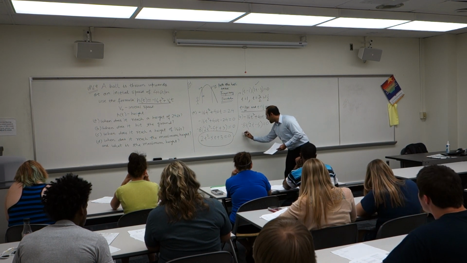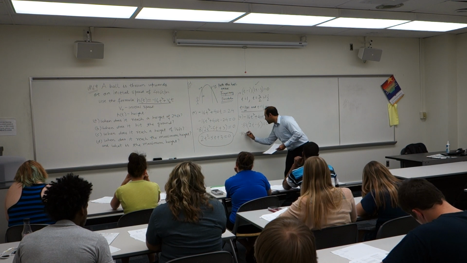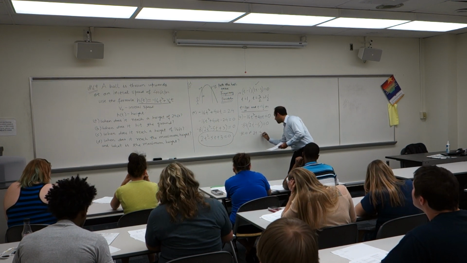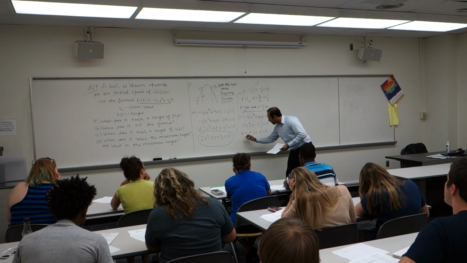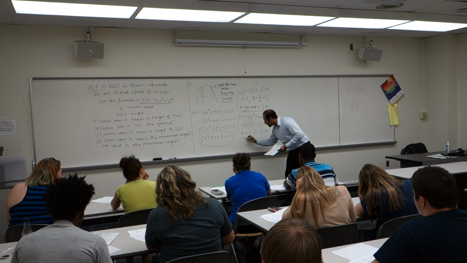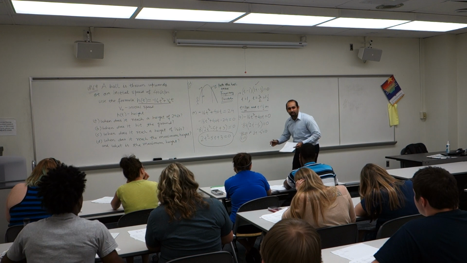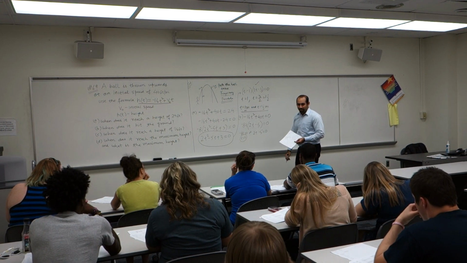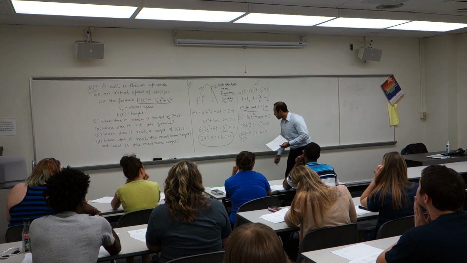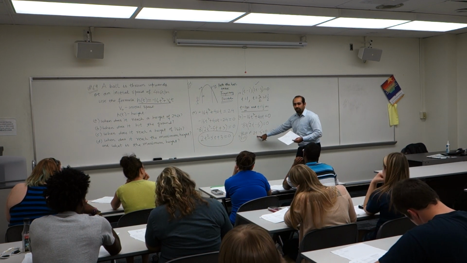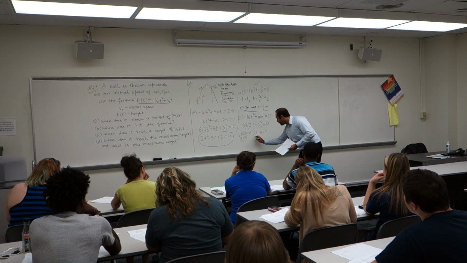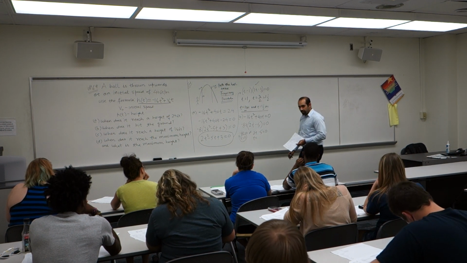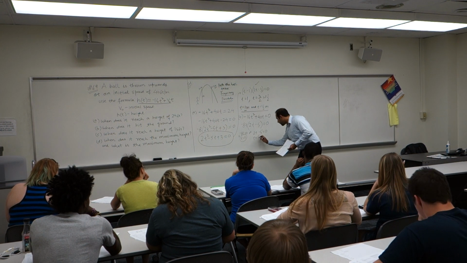So from this we have negative 8t equals 0, or we have 2t minus 5 equals 0. Well, from this we can get t equals 0, but that does not make any sense because we are throwing the ball and it will take some time for the ball to come back down, right? So we are going to ignore that, but we can certainly solve for t from this piece. So from this, what do we have? t equals 5 halves.